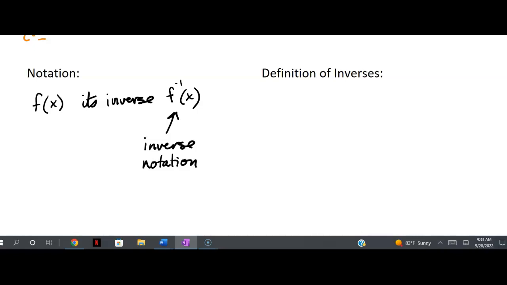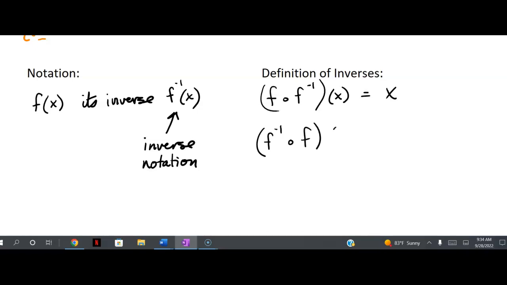All right. So the definition of an inverse says if you compose the function with its inverse, then that's just going to equal x. And it also has to work the other way. If you take the inverse and compose it with the function, that has to equal x.